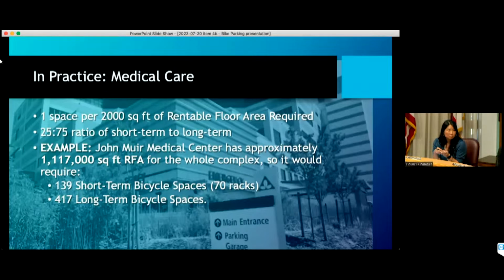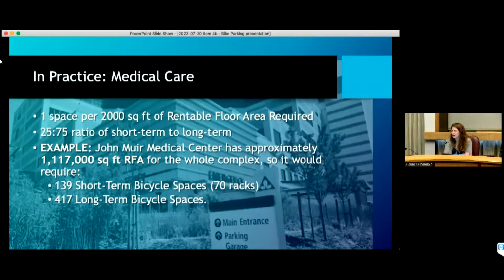So the John Muir campus, that was planned at least a decade ago, more than that. And so it's been phased in over time. Obviously, the UCSF piece is under construction. They're almost done with that. But just to give you context, and I'm not sure if this is actually what the parking requirements were at the time, so I can't speak to what they have out there right now.